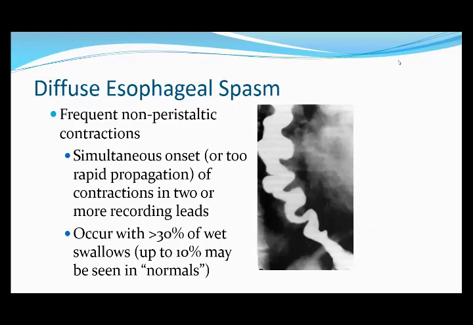Diffuse esophageal spasm means frequent non-peristaltic contractions, with simultaneous onset of the contraction in two or more recording leads. It occurs with 30% of the wet swallows, and up to 10% may be seen in normal individuals occasionally.